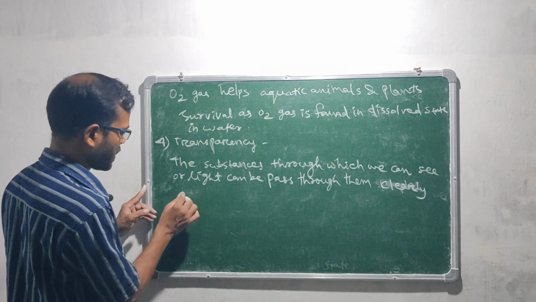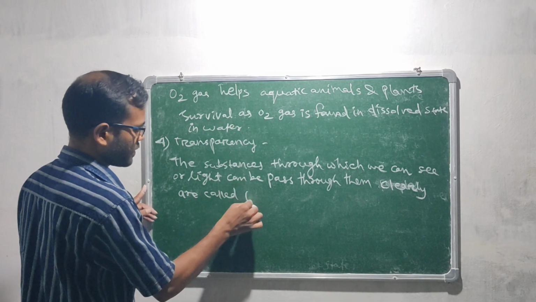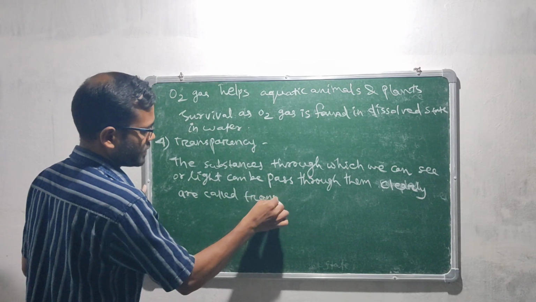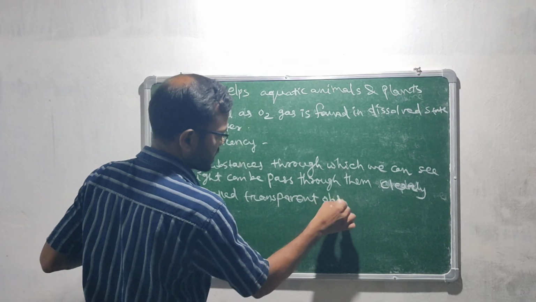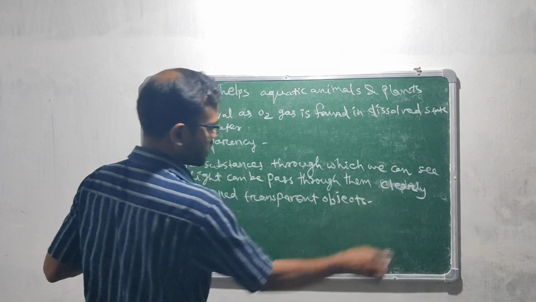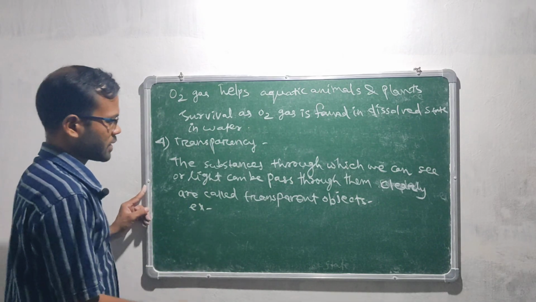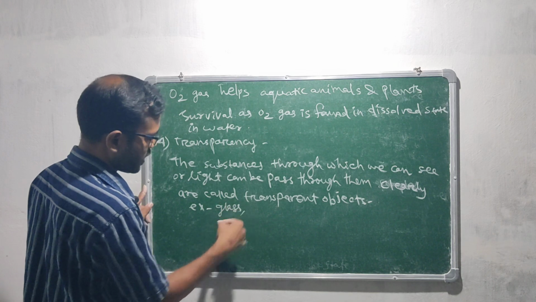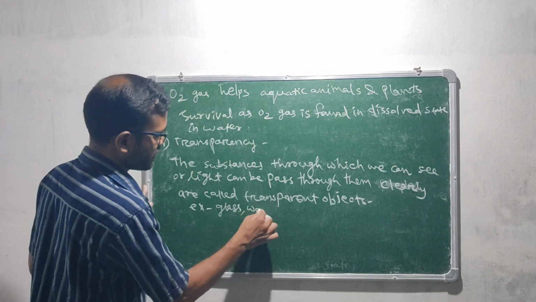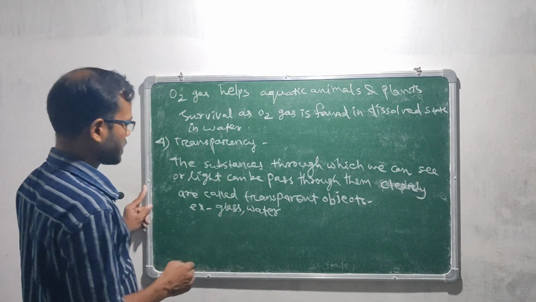They are called transparent objects. What are the examples here? Transparent objects: glass, we can see through the glass. Then water. Okay, these are the transparent objects.